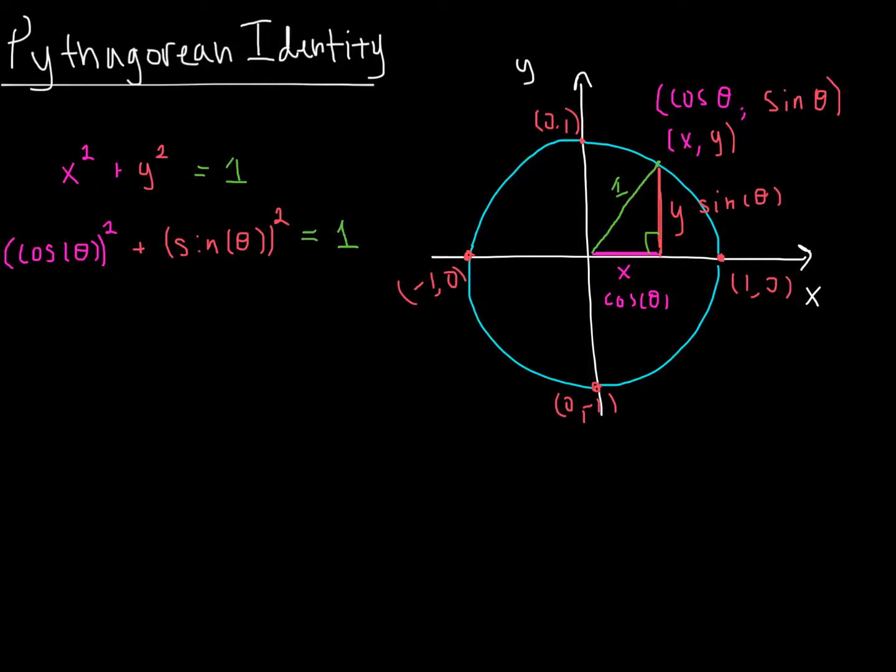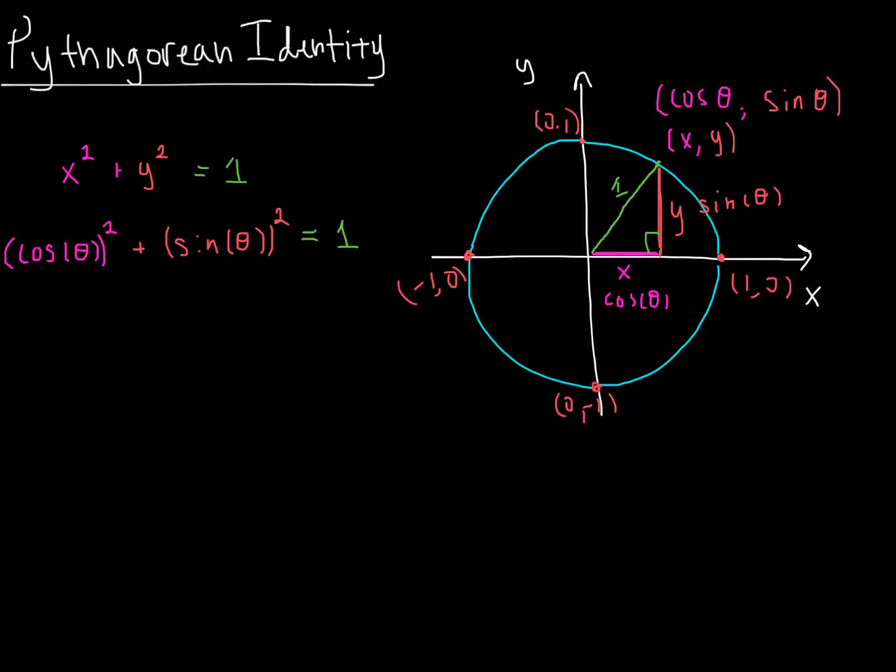Let's stop and think about what this is saying. Any point that I am on my unit circle, no matter where it is, the x distance is the cosine of theta and the y distance to that point is the sine of theta. Even if I were considering this point over here or this point over here, that's still the case. We can construct a right triangle using the x distance as the horizontal side and the y distance as the vertical side, with the hypotenuse always being 1, because my radius is always 1.